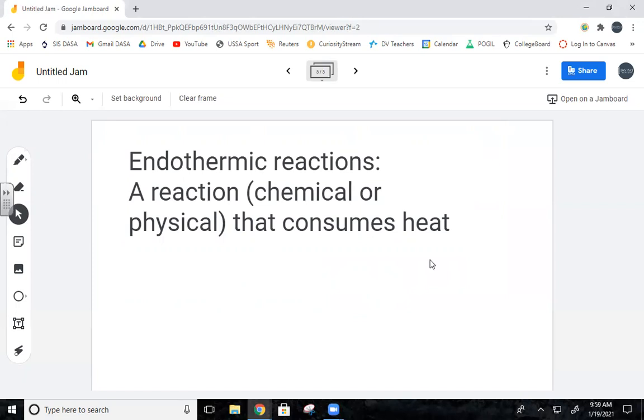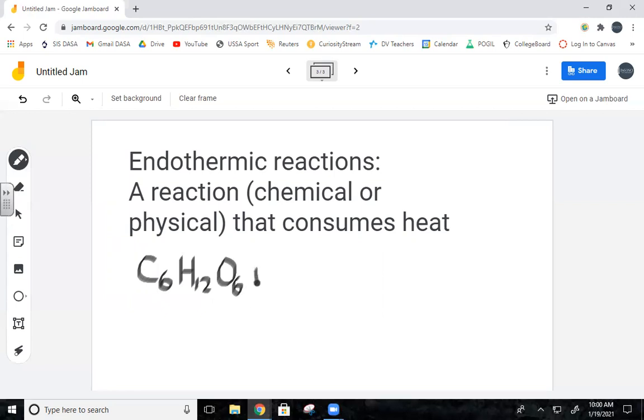So, for instance, there's a reaction, we'll use this as an example. I'll need to write kind of small here: C6H12O6. Does anyone recognize that? Maybe from biology? It's glucose. Yep. Photosynthesis makes glucose, right?